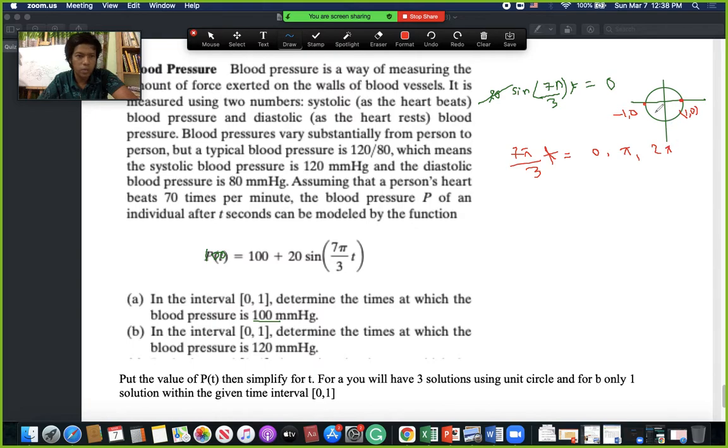You can say, sir, we can continue this way. If we come back here, then at 3 pi also we will get sine 0 degree, again at 4 pi also we will get sine 0 degree.